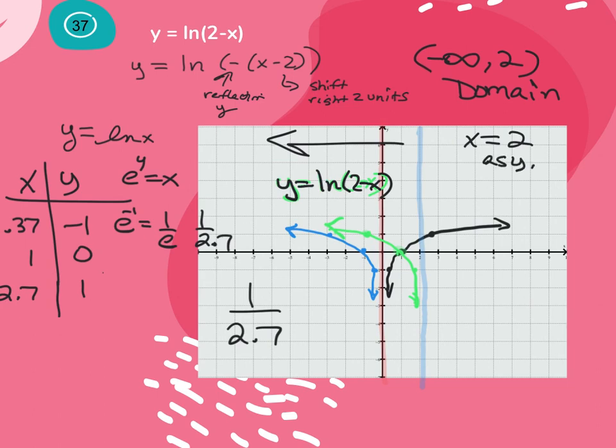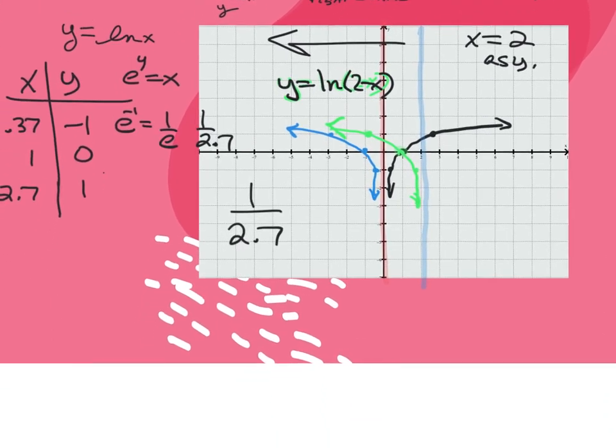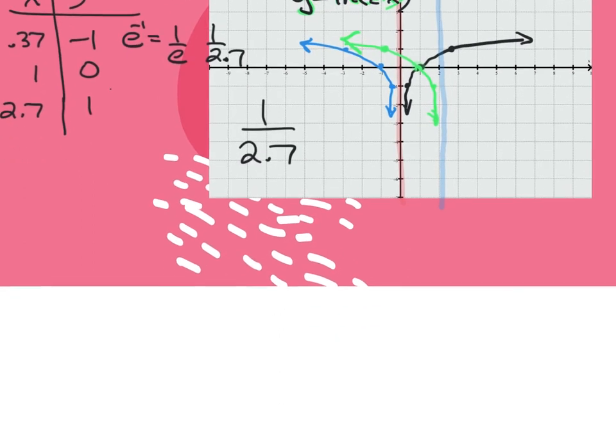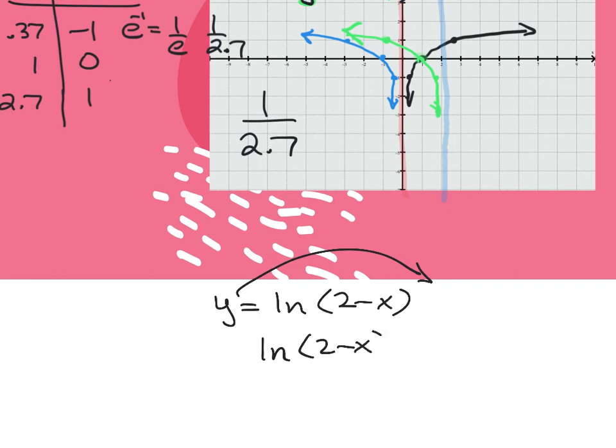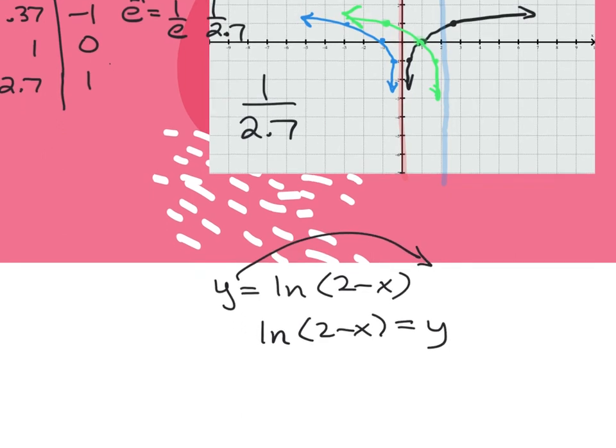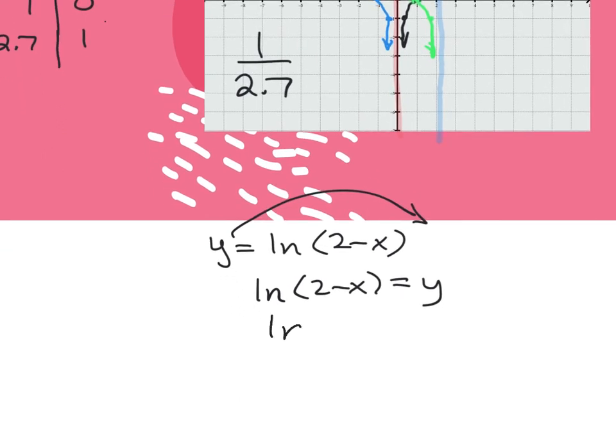And again, I could plug in 0 in order to get the new x-intercept. So let's take the original y equals ln of (2 minus x). Again, I'm going to put the y equals over here so I can do my e trick. I'm plugging in a 0 for y. Again, remember to assume the little e there.